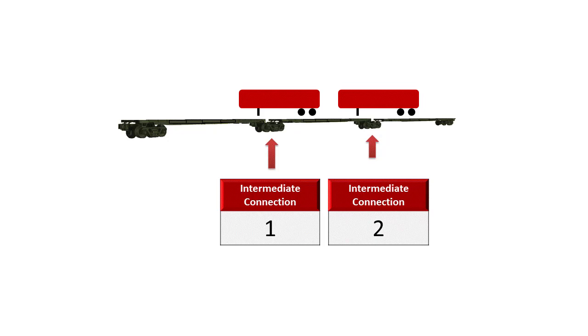Note that these locations are numbered since they are non-standard locations. The intermediate connection includes information about loading capabilities for trailers. Component locations allow similar information to be stored for each intermediate connection location.